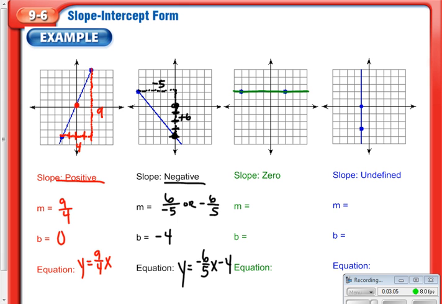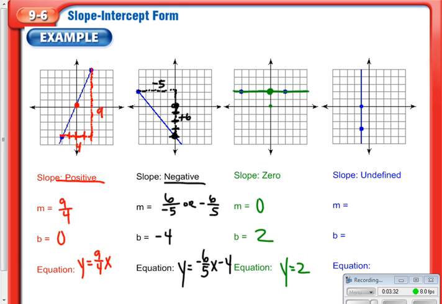So the slope is 0. However, it does have an intercept. Here's that origin. This intersects your y-axis at 2. So what this has, basically, is a y value. So the way you would write your equation is y equals 2. It crosses the y-axis at 2.